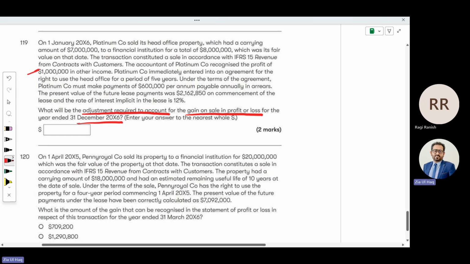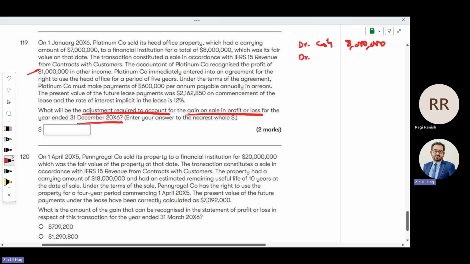This means we need to pass the accounting entry. Debit cash. How much have we received? 8 million. Debit right of use, which we need to calculate. How?